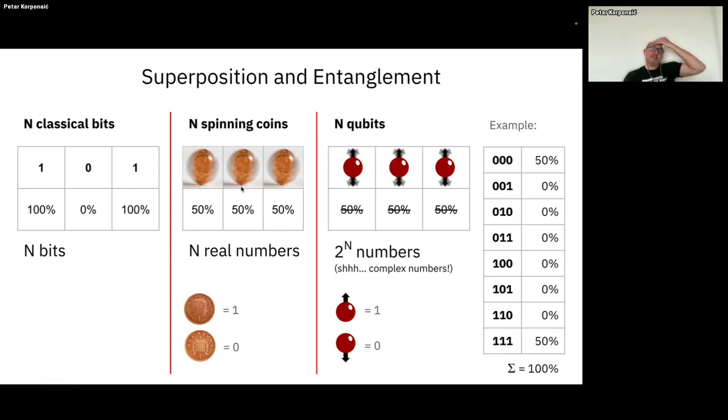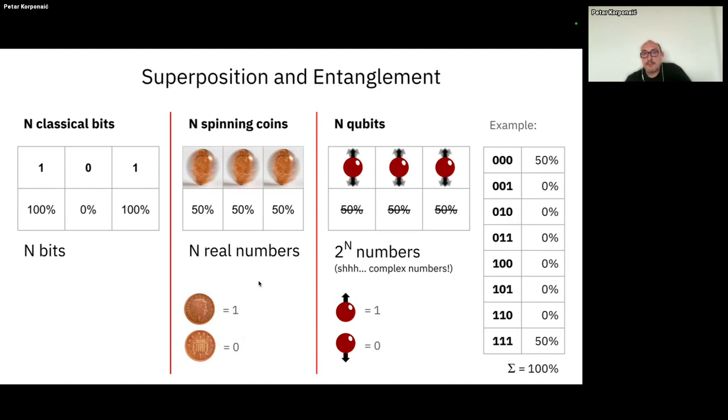Now let's go to the middle part, and let's say that we have spinning coins. When you toss a coin, it is spinning. Let's say that head is 1 and tail is 0.